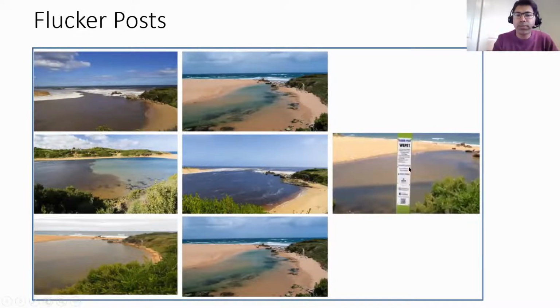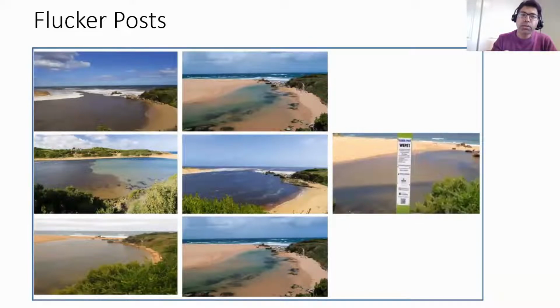The post on the right side is where the internet address of the cloud site is given, where different visitors contribute. It's a citizen science project. Any visitor who visits the area takes a photo from any angle with any camera, and then uploads it to the given address just to contribute to environment monitoring.